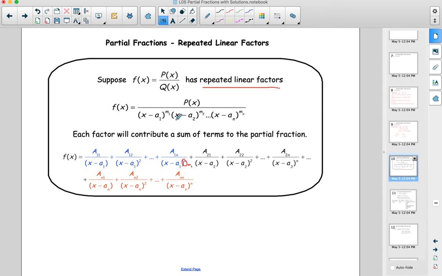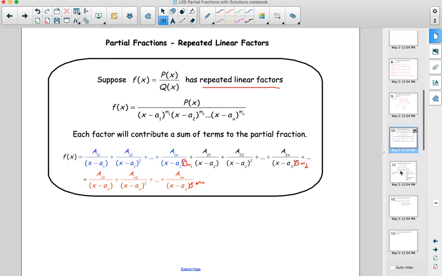We would repeat that for the next factor, ending at m2, that would be our last exponent. So if this was 5, we'd go to the fifth power, and this last one here should be mn.